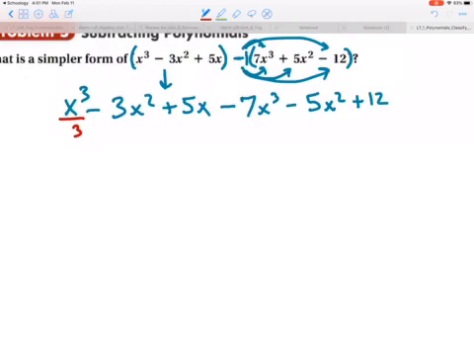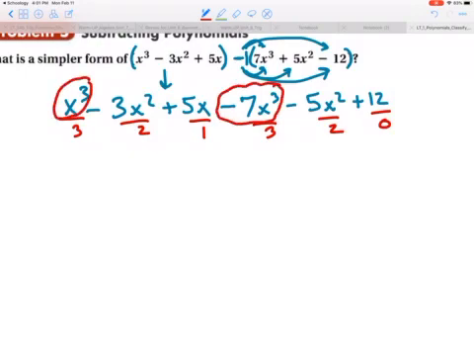So I have a degree of 3, a degree of 2, a degree of 1, degree of 3, degree of 2, degree of 0. And notice I have x cubed here and a negative x cubed here. Those are 2 like terms. So this has a coefficient of 1. I'm doing 1 plus negative 7, which is negative 6x cubed.